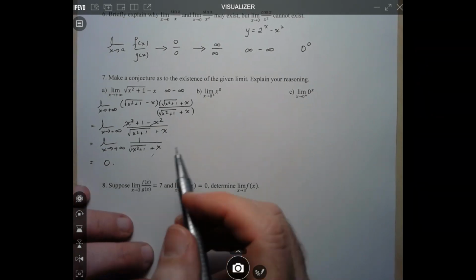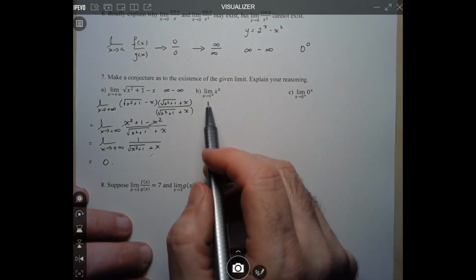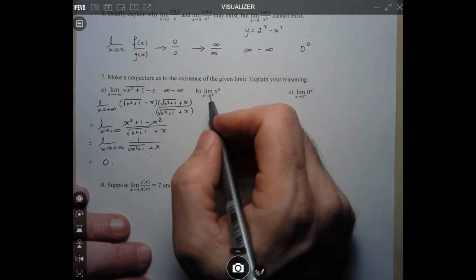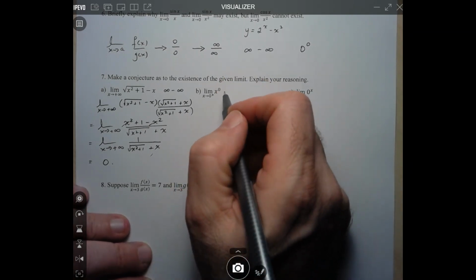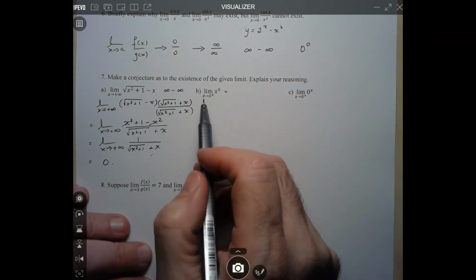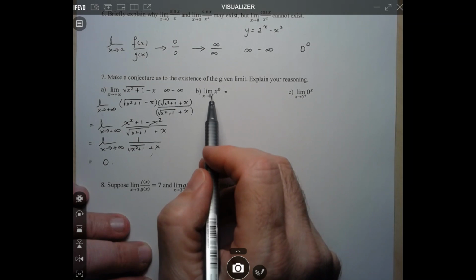So here now we're going to investigate this limit here. What we've got is the limit of x to the 0 as x is approaching 0 from the right.